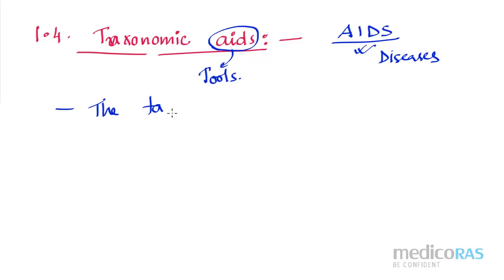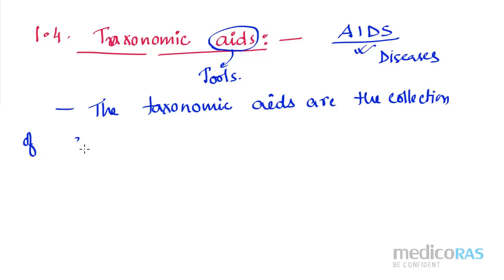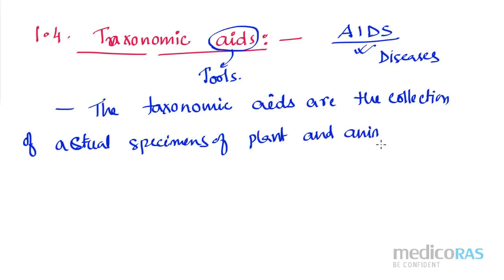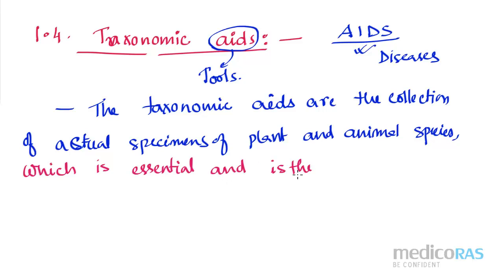The taxonomic aids are the collection of actual specimen of plant and animal species, which is essential and is the prime source.